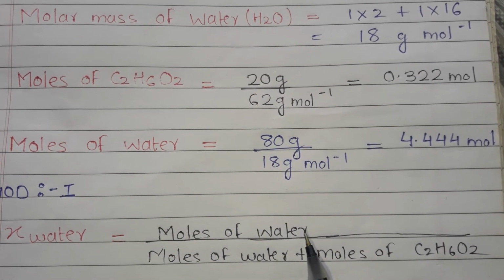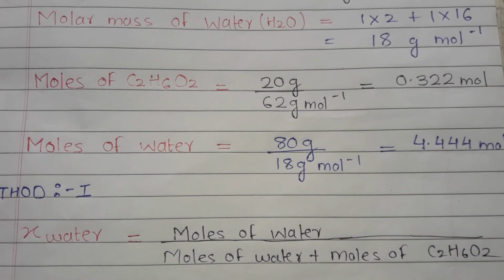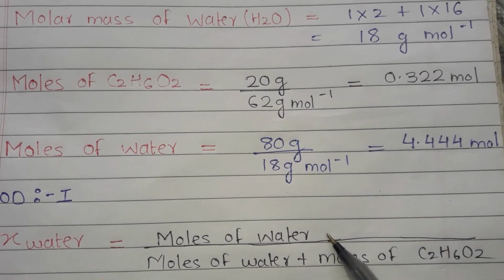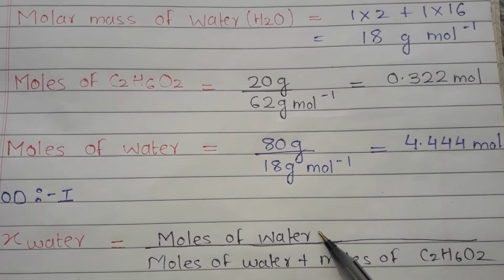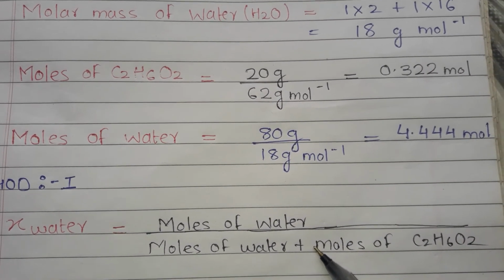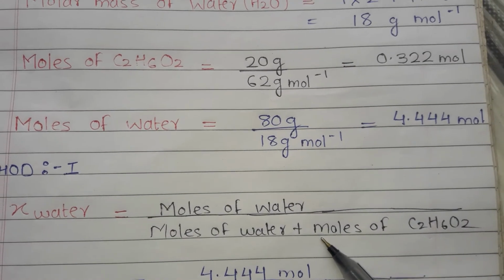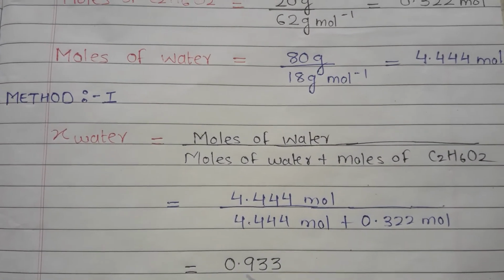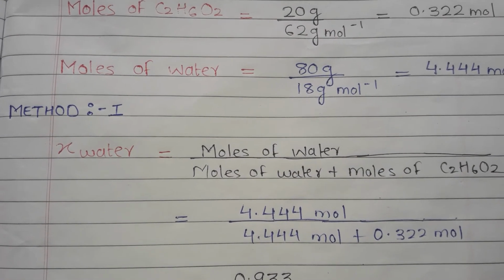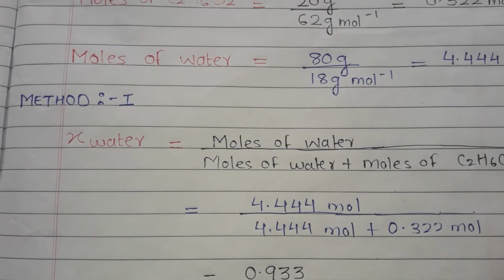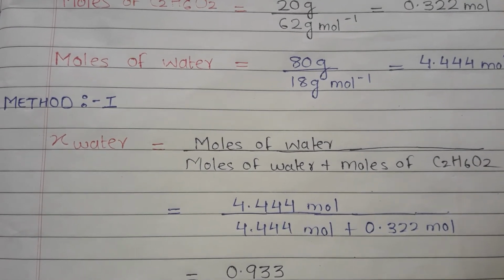Basically, the component of which we are trying to find the mole fraction, we keep in the numerator, and the total moles of solution we keep in the denominator, and we simply divide to get the mole fraction. We have got the mole fraction of water as 0.933. This was the step by step process to find the mole fraction.